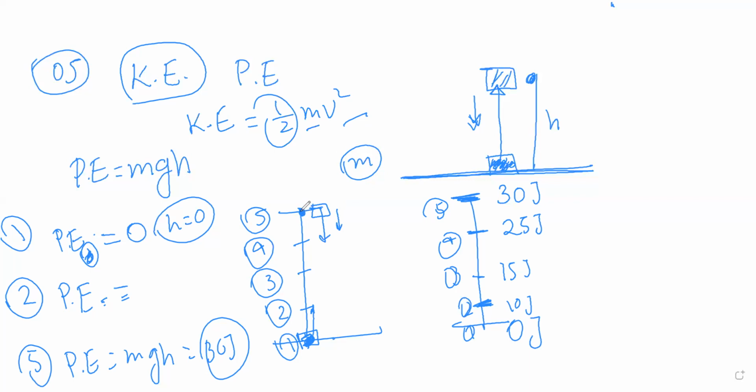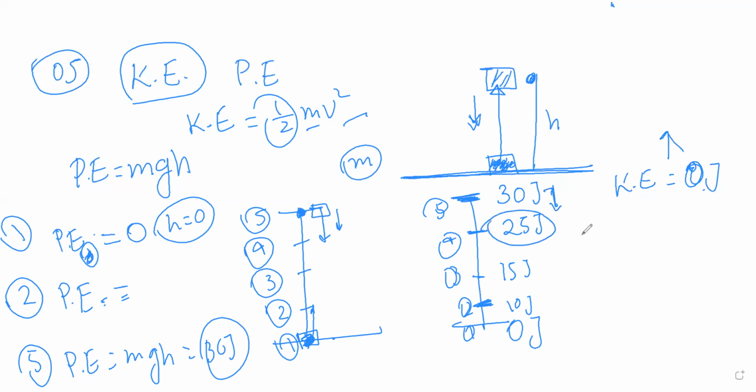When we take this box to the top floor, we did not release it. Before release, what is the kinetic energy in position 5? 0 joule. Why? Because it's not moving. When we drop it and it starts moving, this will start increasing.